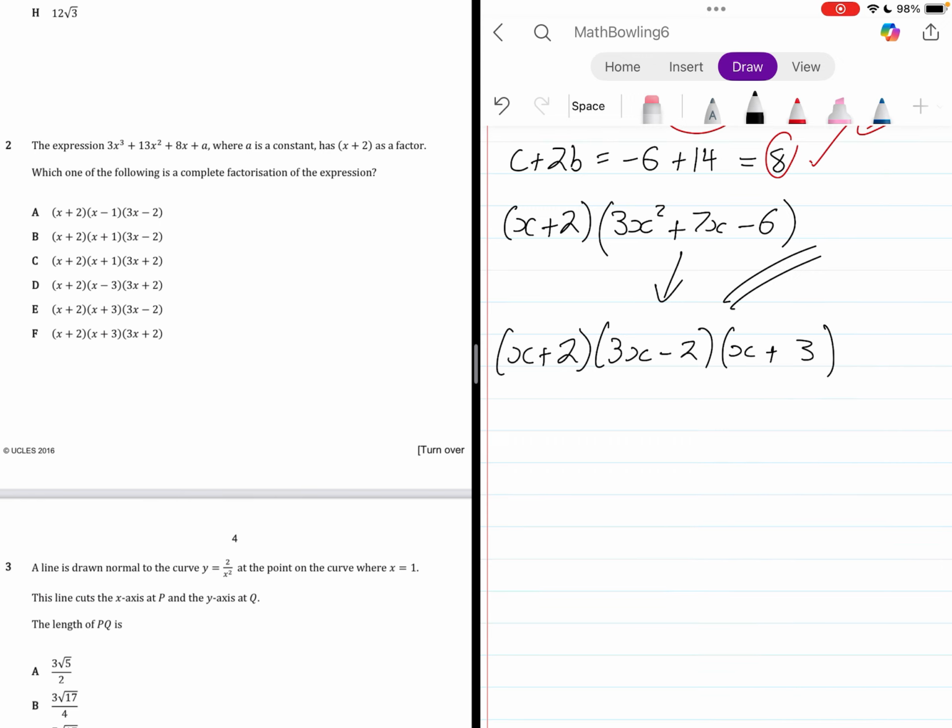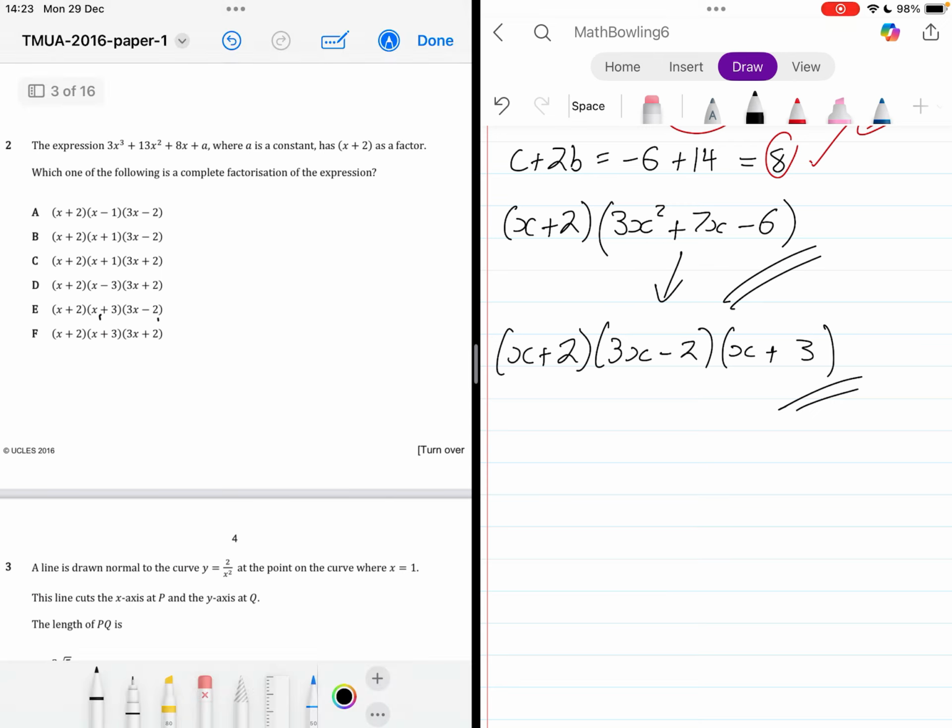We're going to get 3x squared plus 9x minus 2x, 7x minus 6. This is our answer. We look for this in the given solutions. We get 3x minus 2, x plus 3, we get E. E as our solution.